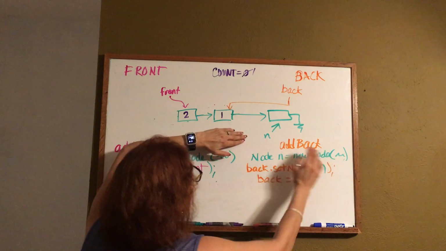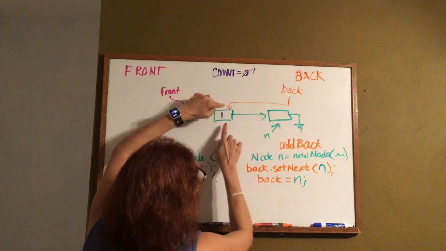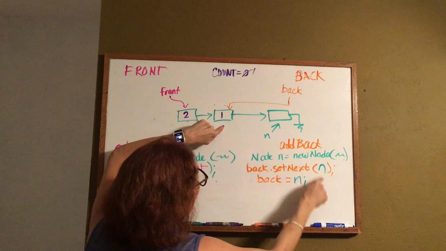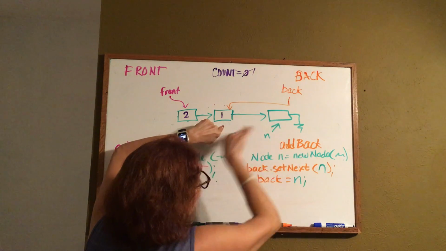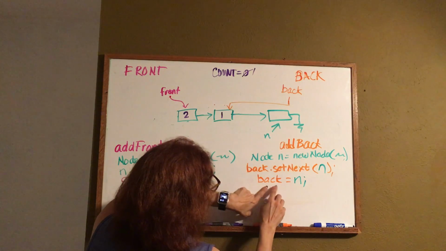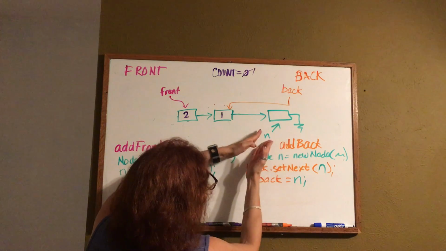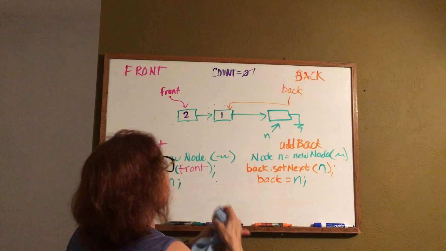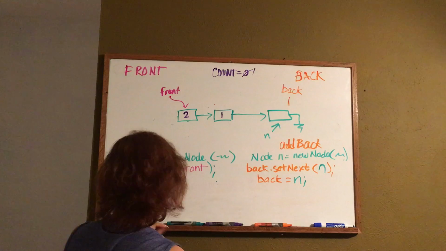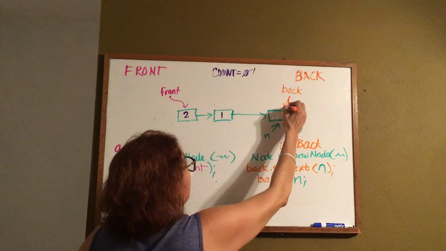I have the new node, which is right here. Then back is here. So set next is going to move the arrow to point at n, or to reference n. Okay? And after that, when I say back equals n, whatever n is referencing is what back will be referencing now, which is going to be moving this one in here.